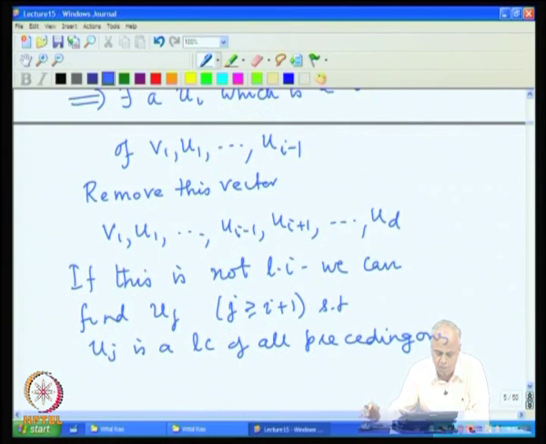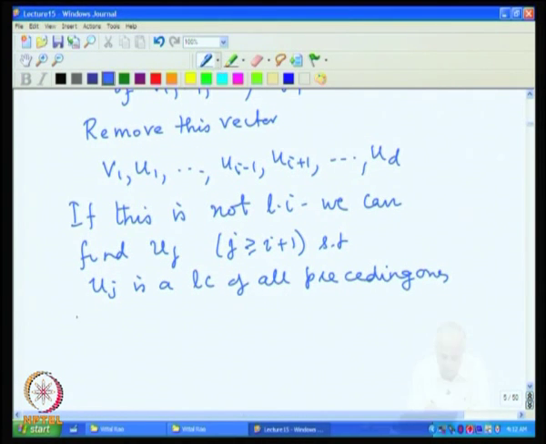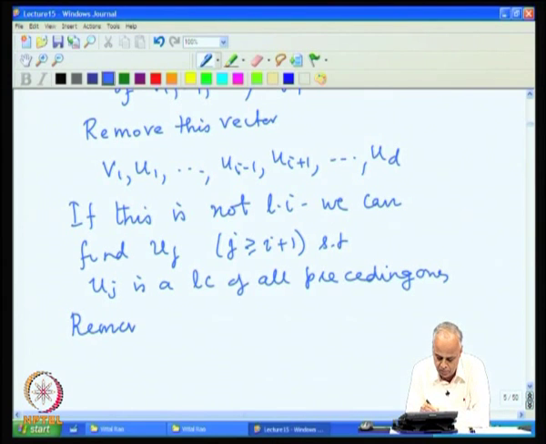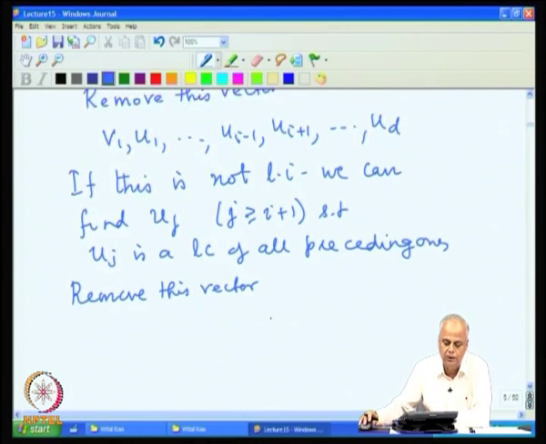When we say preceding ones, we mean preceding ones in this set, with the ui already having been knocked out. Then knock out this vector, remove this vector, and then continue this process.